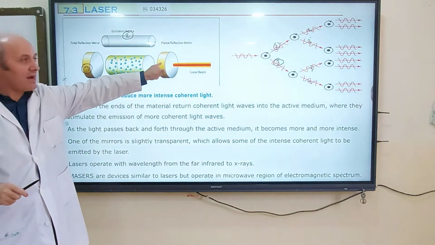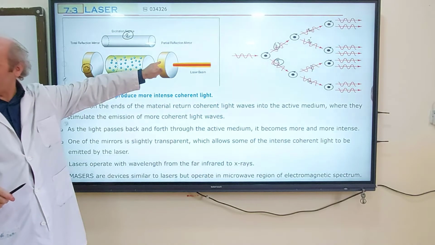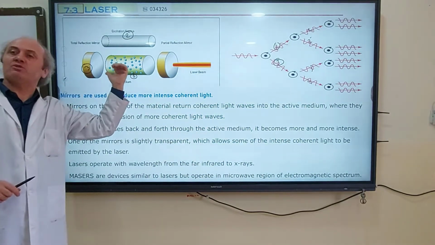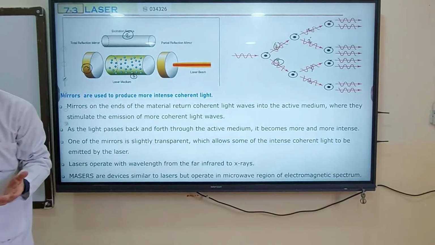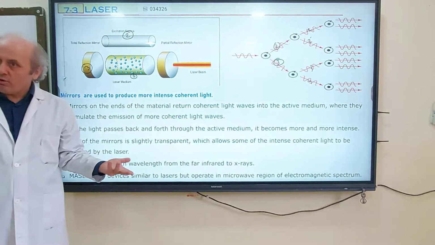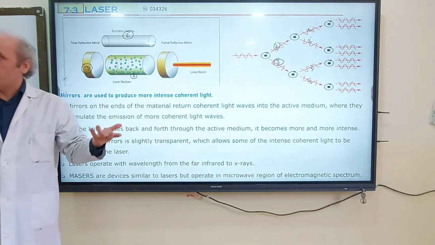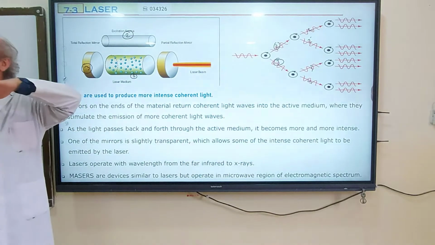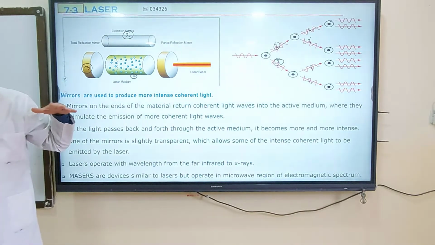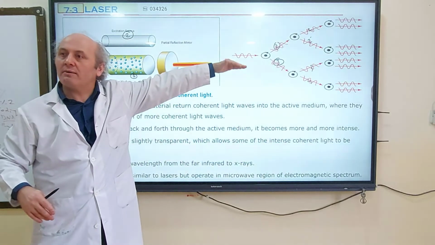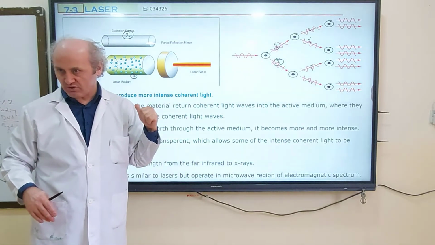When this light arrives at the partially reflective mirror, if it is not intense enough, it reflects back into the active medium again. As they are moving in the active medium, they continue stimulating more and more photons, and the number of photons increases. Once again it reflects. Finally, it gets enough intensity. When it gets enough intensity, it leaves from this partially reflective mirror.